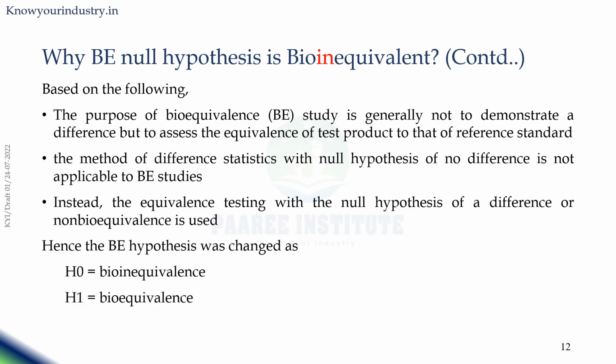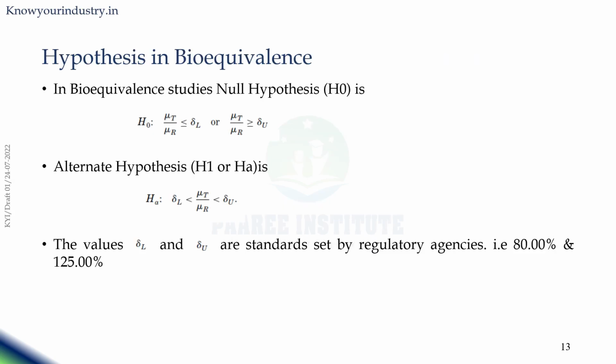Hence, after 1980, the hypothesis was changed so that H0 is bioinequivalence and H1 is bioequivalence. This slide shows the formulas demonstrating the null hypothesis as well as the alternative hypothesis, and what is sigma L and what is sigma U, which are set by the regulatory agencies.